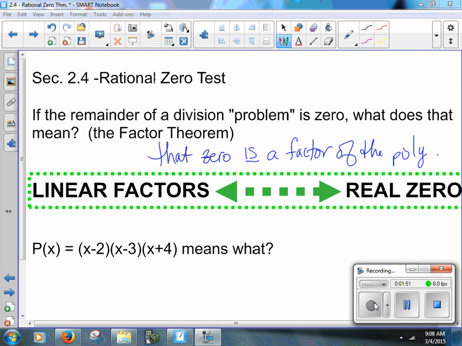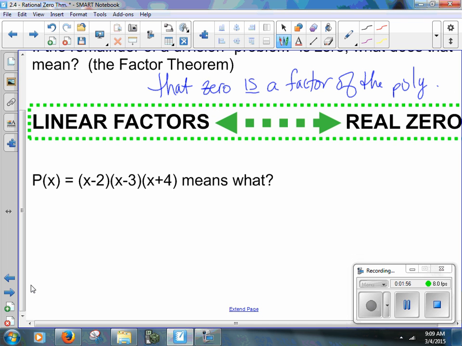Okay? So if I gave you the function p of x, really this right here is all you need to be concerned about. P of x is equal to x minus 2 times the quantity x minus 3 times the quantity x plus 4. What's that mean? All right, if our factors are these, it's in factored form, right?